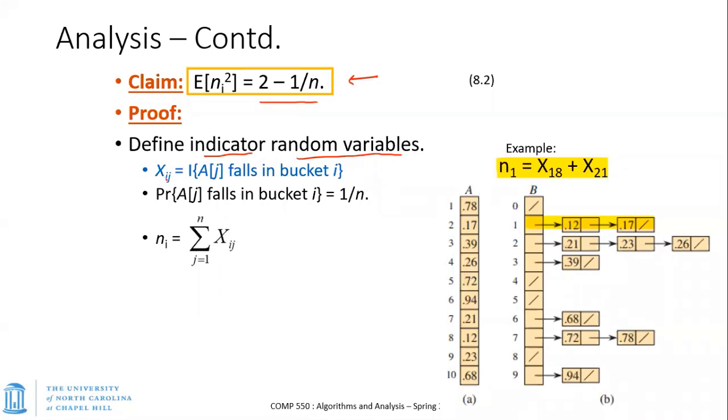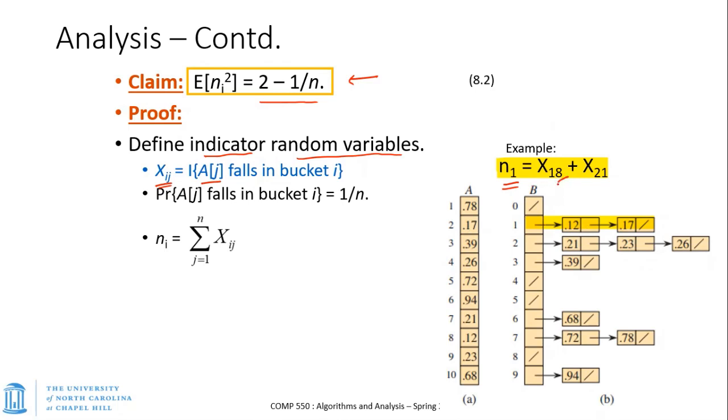So let's define the indicator random variable x_ij to be the event that a sub j falls in bucket i. So here's an example. If you look at bucket 1, bucket 1 essentially is a sum of two indicator random variables.